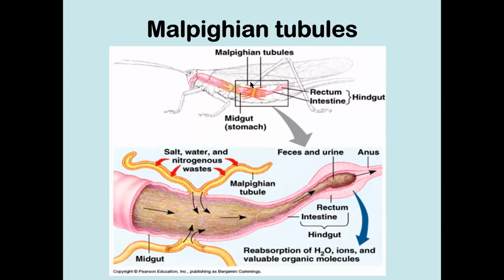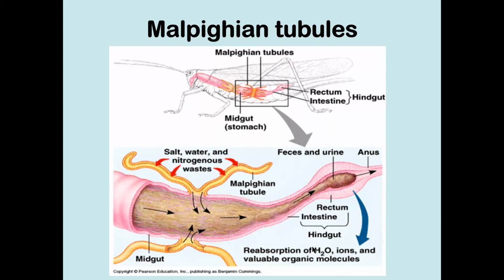So down this end here, these are the Malpighian tubules. You see them here. All right. There's the rectum, and feces and urine are here. Most of it is reabsorbed. It's useful, and the rest is pretty much just removed.